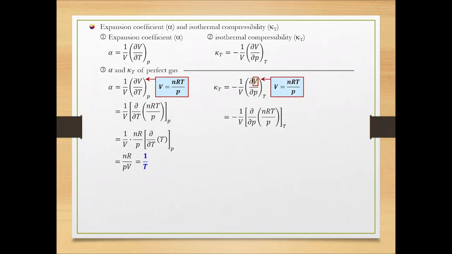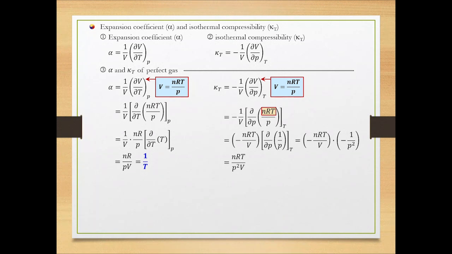Modify the equation of state for perfect gas with respect to volume and plug it into the expression for kappa T. Since temperature is maintained constant and gas cannot escape the system, nRT is a constant as a whole, so it can be brought out of the derivative. d(1 over P) over dP is equal to negative 1 over P squared, which leads to nRT over P squared times V.